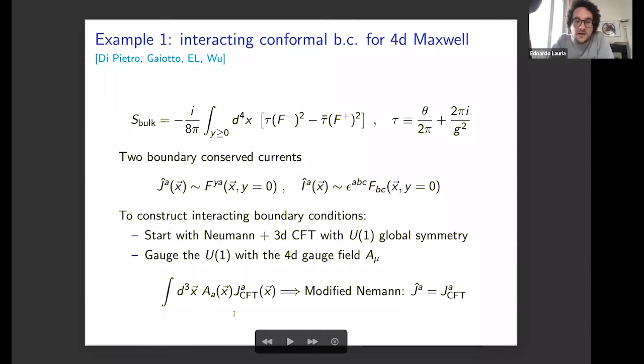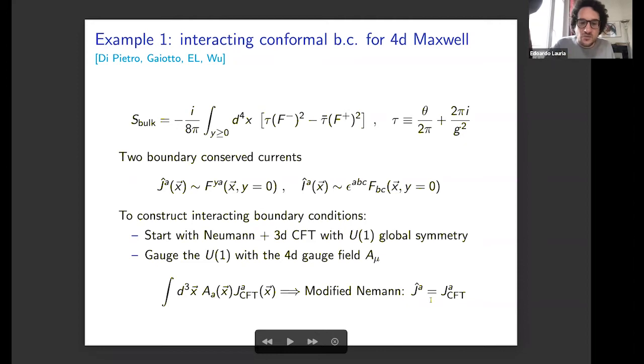This is nothing but a gauging, right? A 4D gauging of this global symmetry. So if you now study again the stationarity of the action, the initial Neumann boundary conditions are modified.